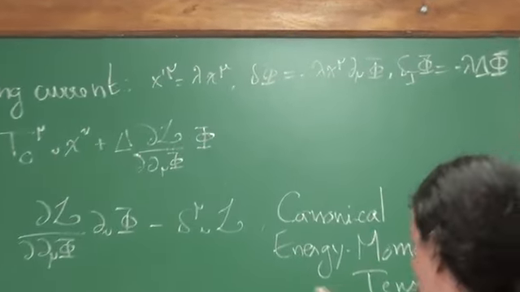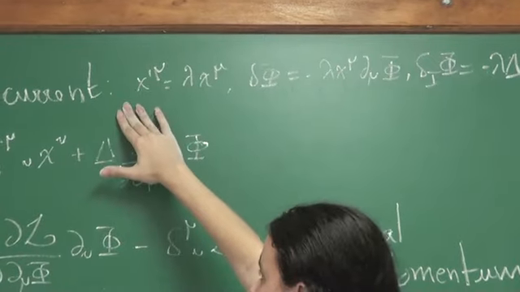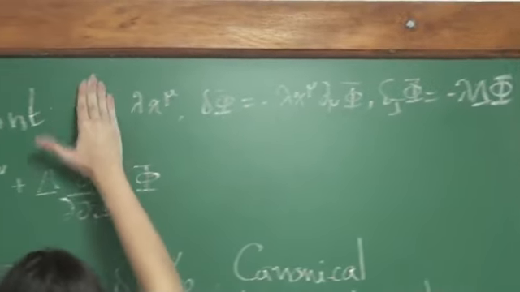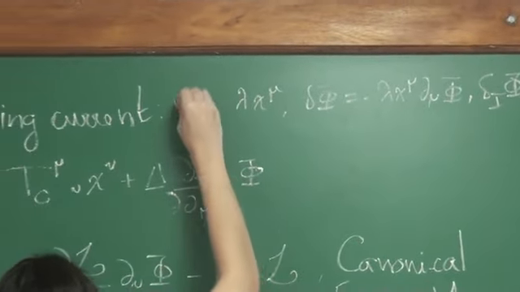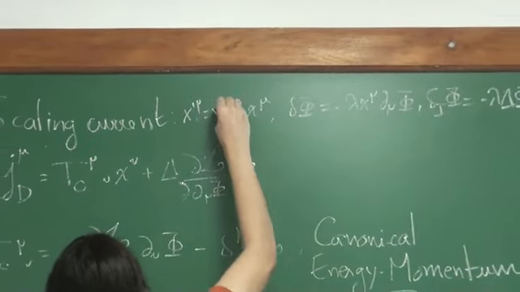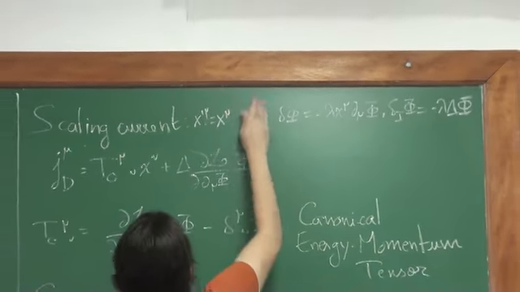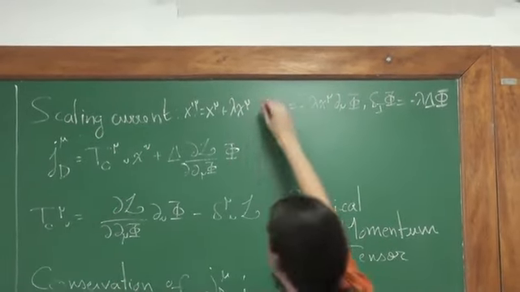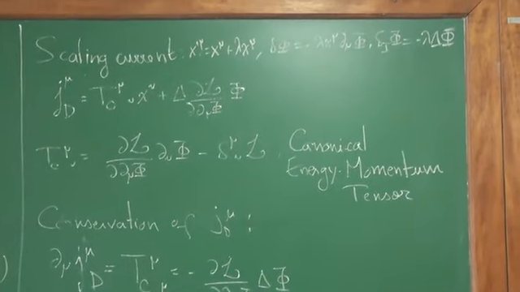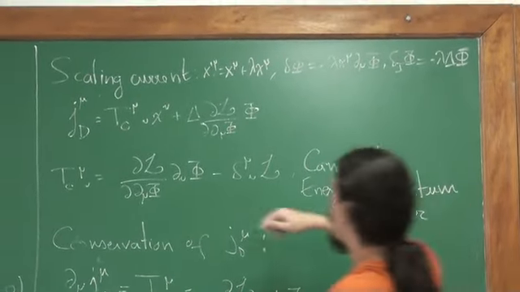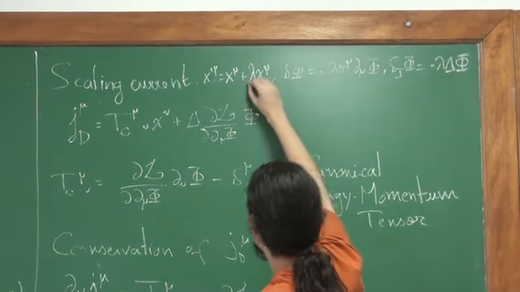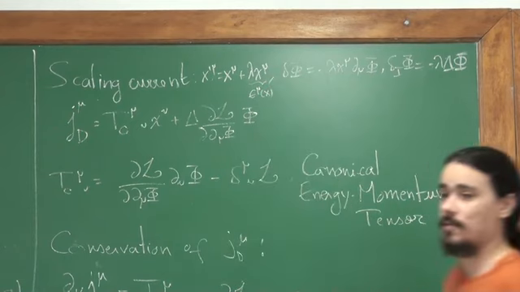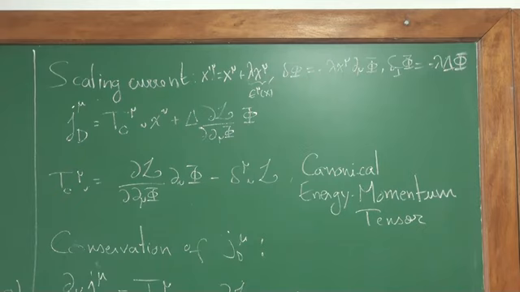And then again, specializing for scaling transformations, I should have written x prime mu equals, okay, I'm just missing the sign. For the scaling transformation, this corresponds to our epsilon, and it depends linearly on the spacetime point.